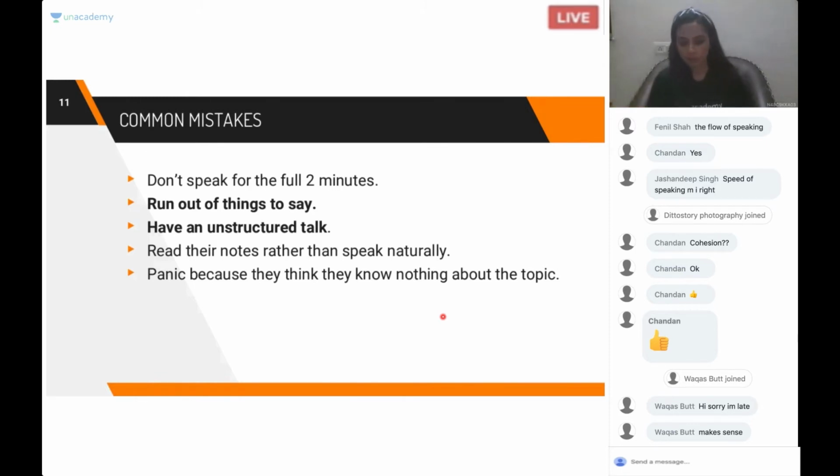There are some common mistakes in this section, where people tend to score less than 6. If you're targeting a band score above 6 and 7, you need to remember these points and avoid these mistakes. Let's look at them one by one. Don't stop before the full 2 minutes.